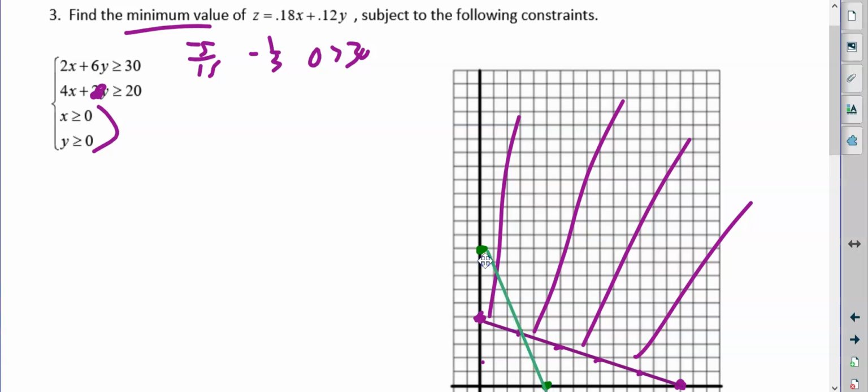I got a little messed up there. And we're going to do 0, 0. 0 is greater than or equal to 20. That's also false. So we're shading everything like this.